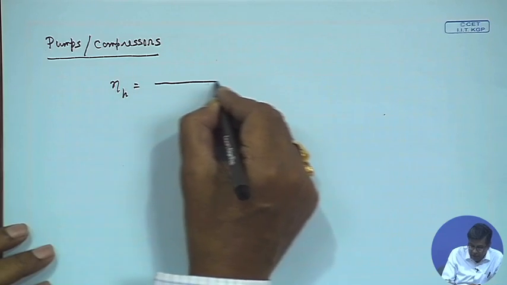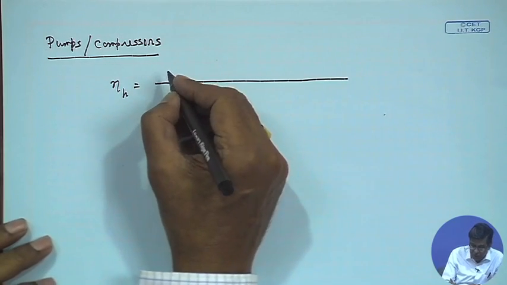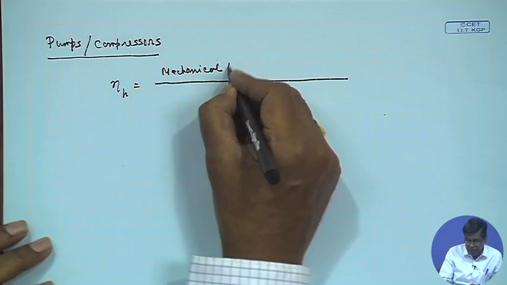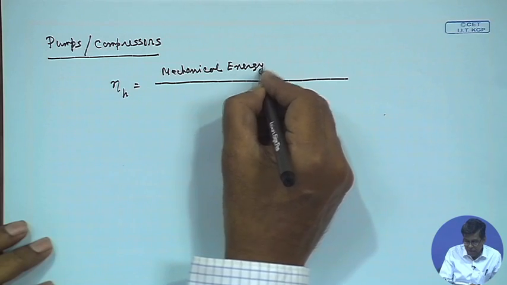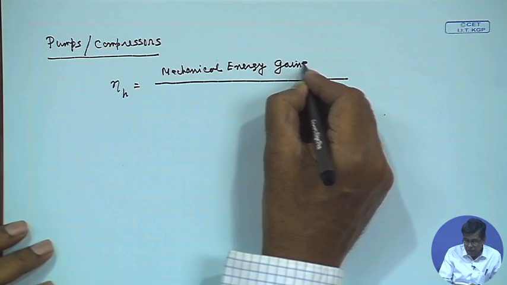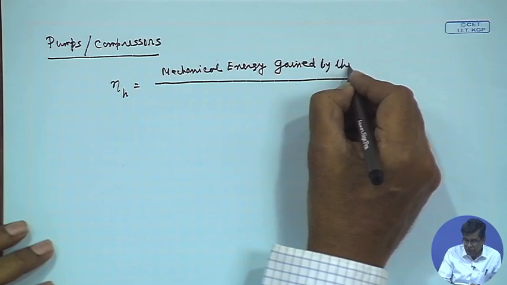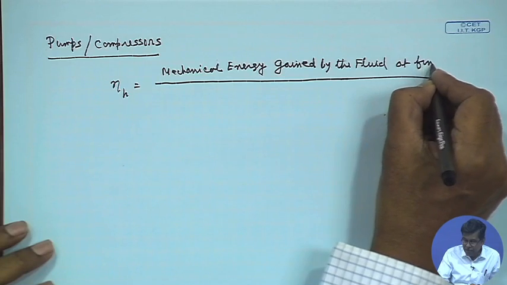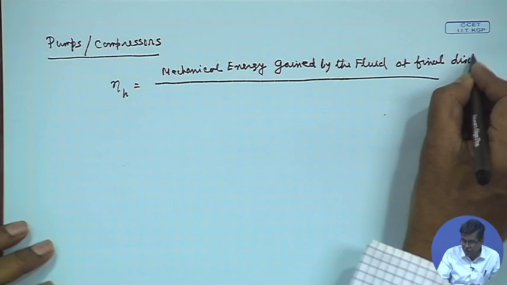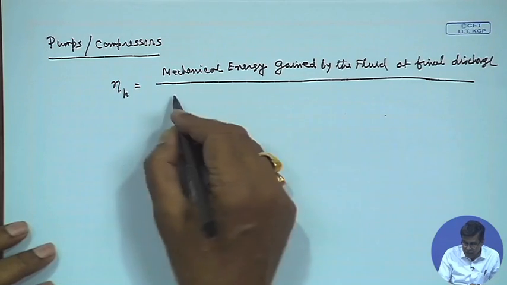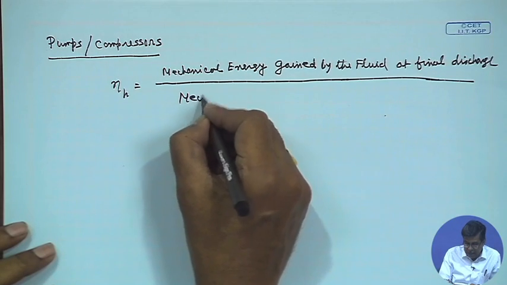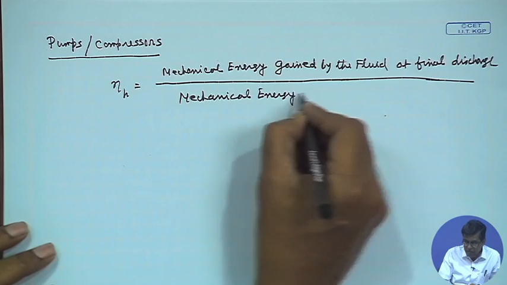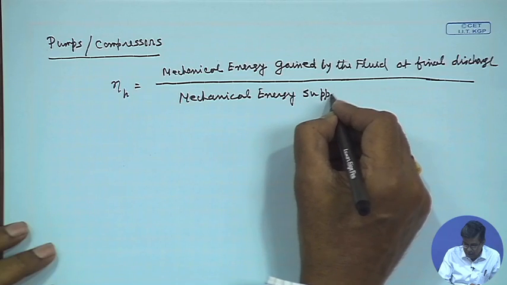Here the output is the mechanical energy gained by the fluid at final discharge, meaning discharge from the machine, and the denominator is the mechanical energy supplied to the rotor, or by the rotor.